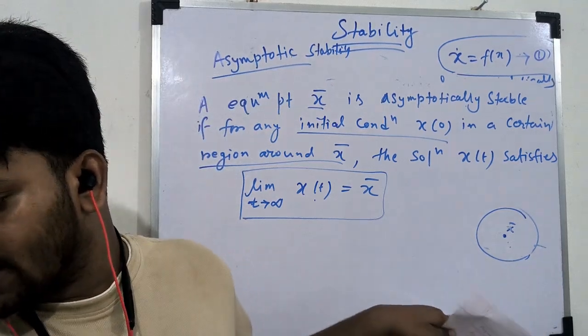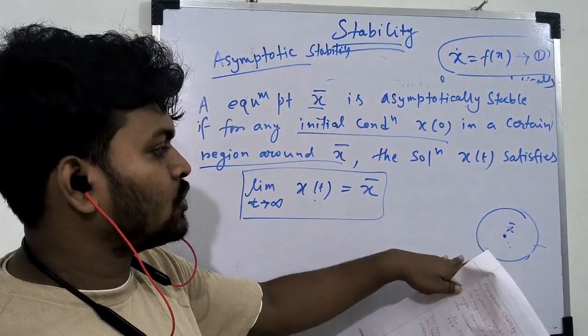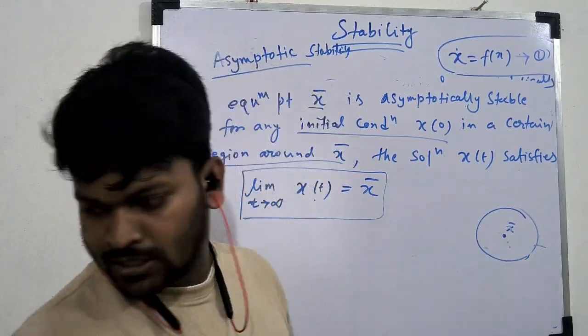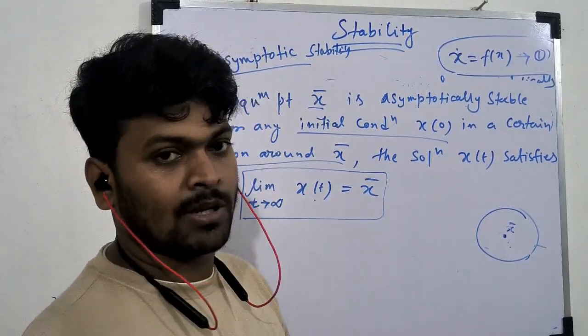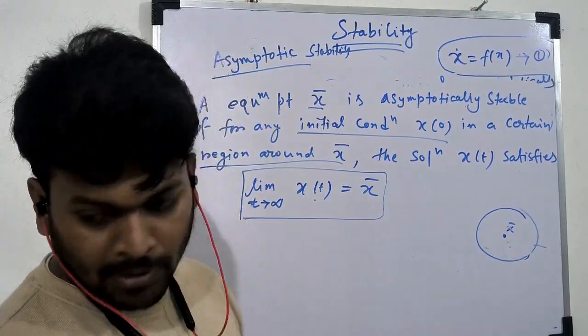So an equilibrium point x bar is said to be asymptotically stable if all the trajectories close to it converge to it.